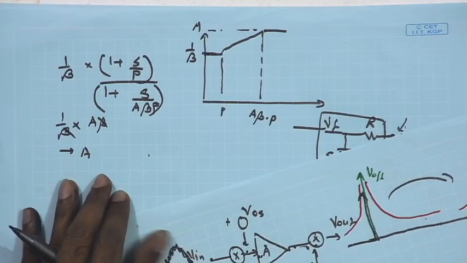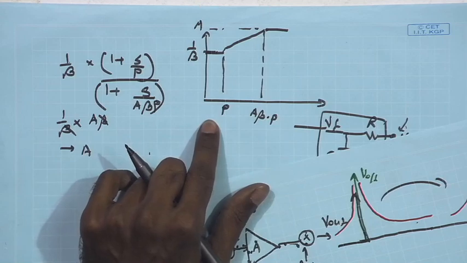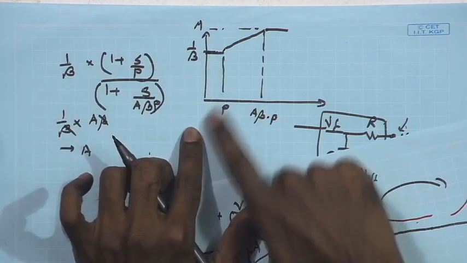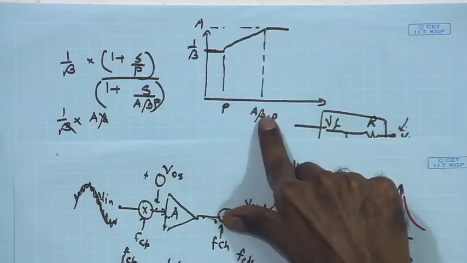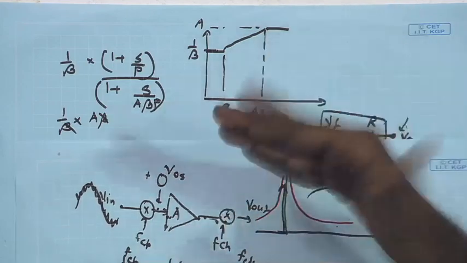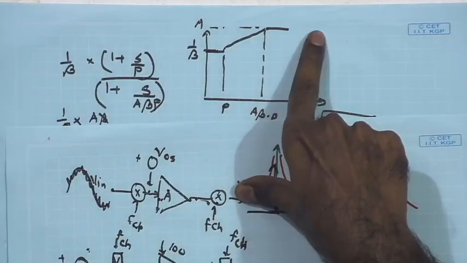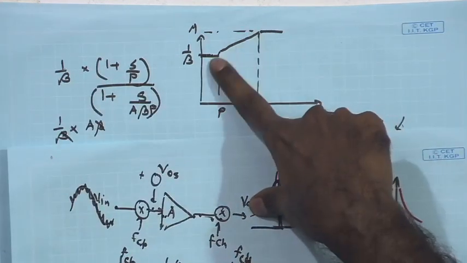That means if you are setting the pole of this low pass filter at p, the overall transfer function of this loop is going to become AF only after AF beta times p. So if the desired signal content is higher than AF beta times p, it will be able to pass through this filter, whereas the signal content lower than AF beta times p will be attenuated as well.